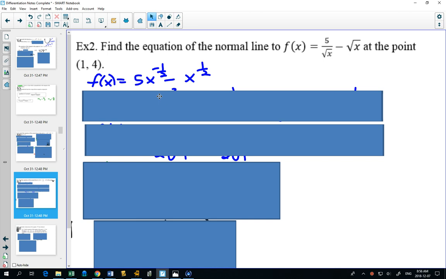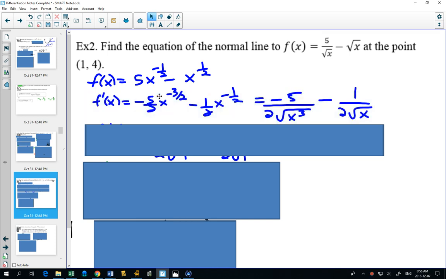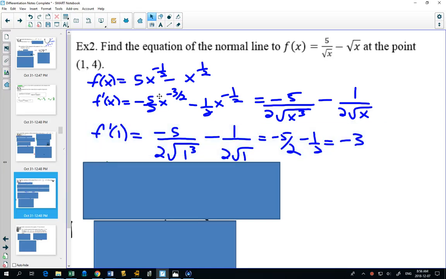Change your function to rational exponents, and then you can find your derivative. You can change your rational exponents back to radicals, and this might be easier when you go to evaluate and plug in 1. So we get our slope of our tangent line to be -3.